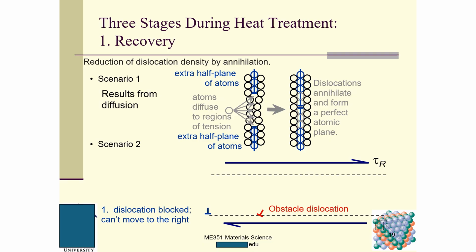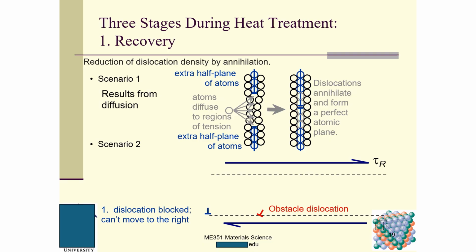First one, recovery. Recovery is the reduction of dislocation density by annihilation. Scenario 1 results from dislocations. We can see this is a plane, and this is a dislocation. This is the top dislocation, and this is the bottom dislocation.